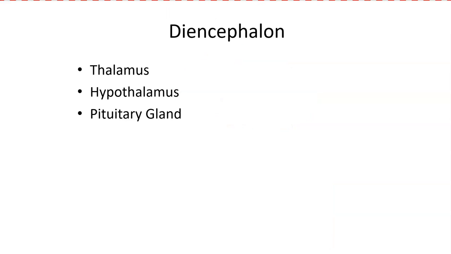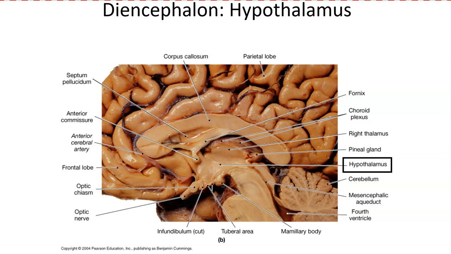The diencephalon includes three components: thalamus, hypothalamus, and pituitary gland. Let's talk about the hypothalamus first. The hypothalamus is found here. Let's circle it right about there. Okay, the thalamus, by contrast, is right here. And if you use your imagination, I hear there's a duck in the brain.